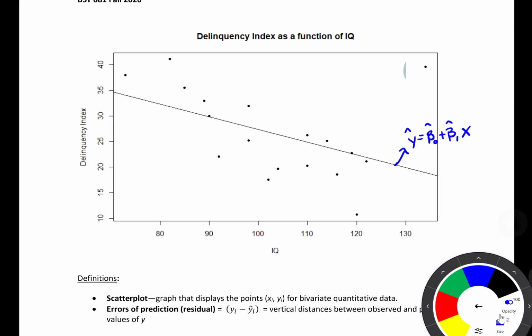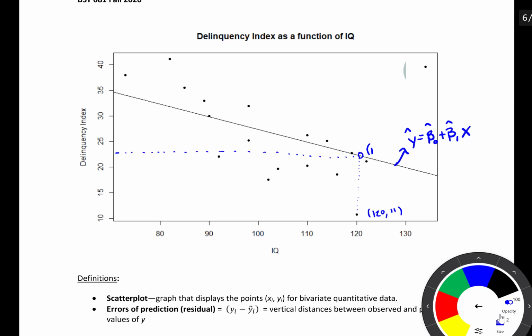So, for example, let's look right here at an IQ of 120. Notice I'm looking at this point, and this point has an IQ of approximately 120, and it had an observed delinquency index of approximately 11. Now what I could do is see what y is predicted with an IQ of 120. Our fitted line suggests that if a minor has an IQ of 120, if we go across here, a delinquency index of approximately 23.